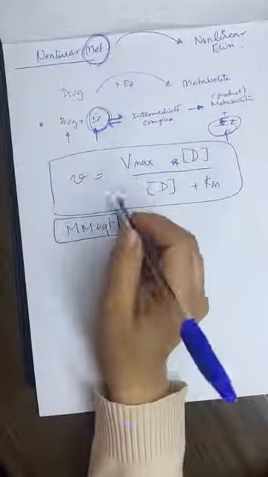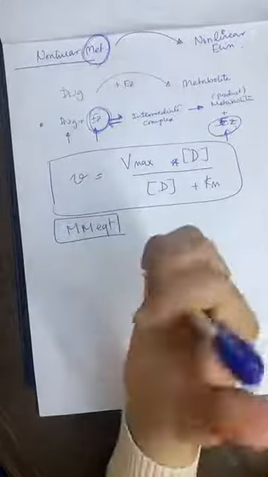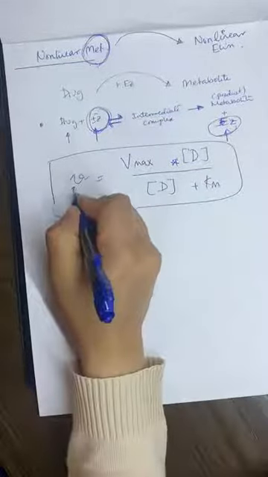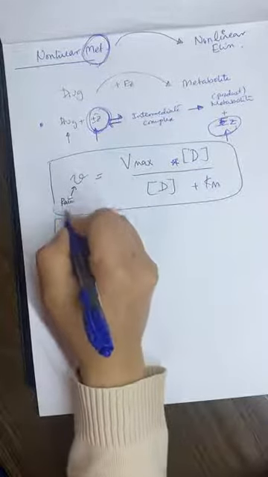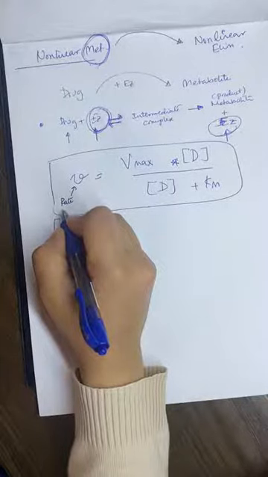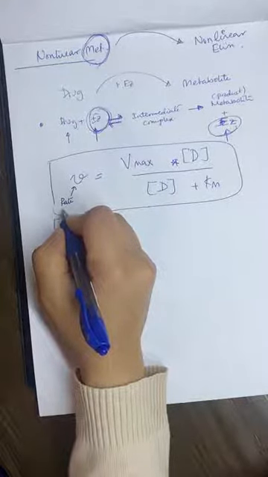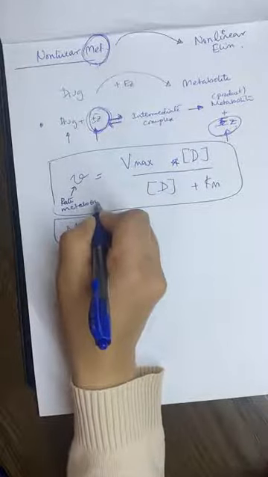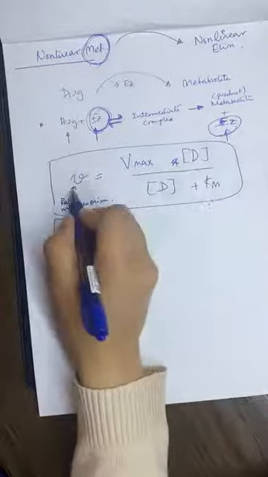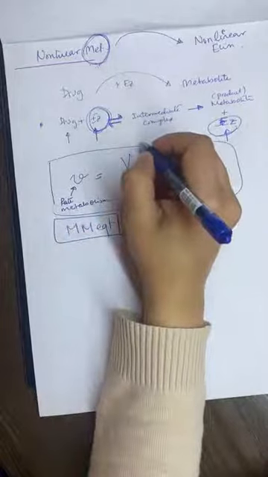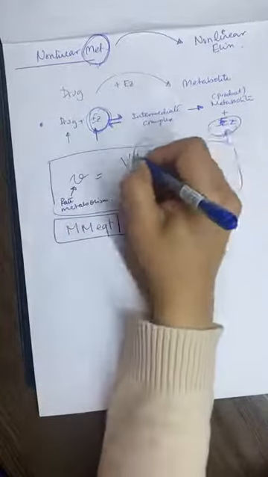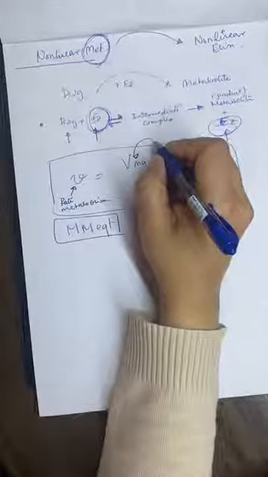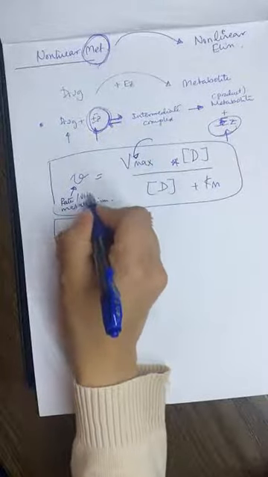Okay, we have this that is called the rate of the process that we are interested in. Let's say that we are talking about the rate of metabolism, or in different cases the rate of elimination. It depends on what you are talking about. And this is the maximum, it could also be called velocity.